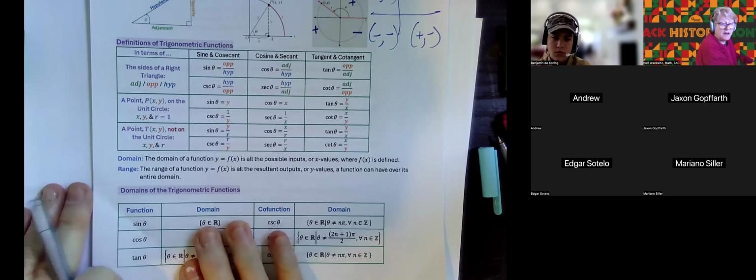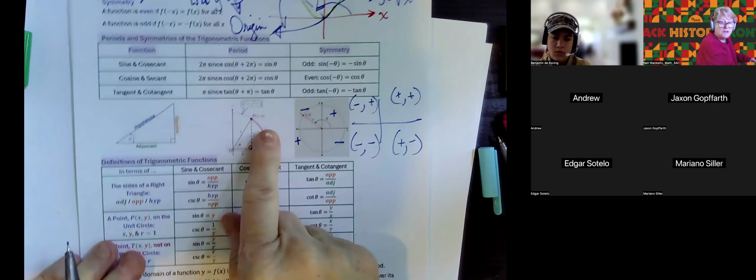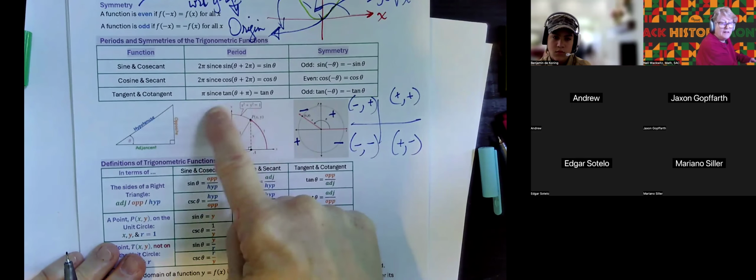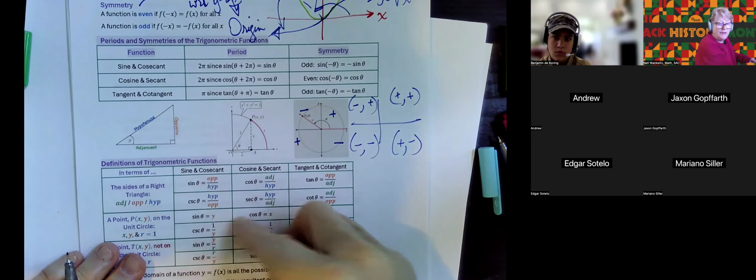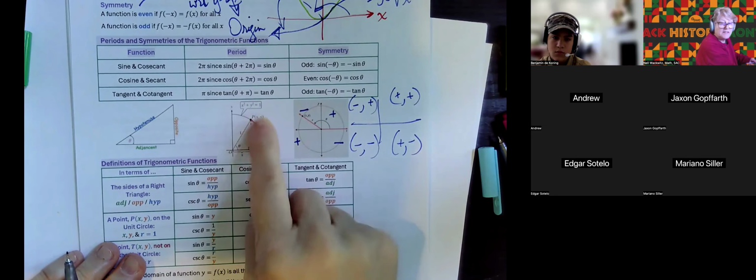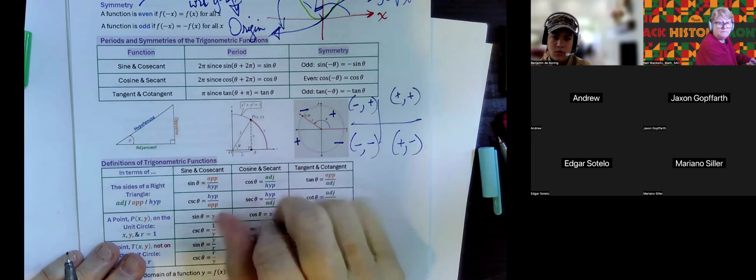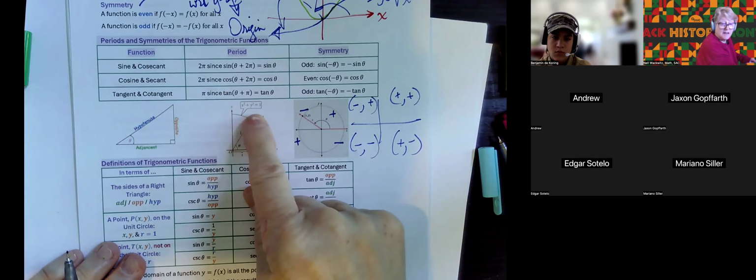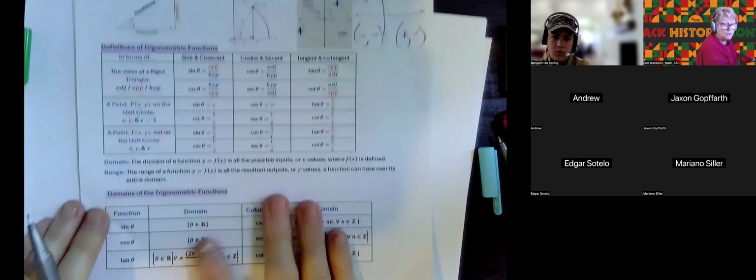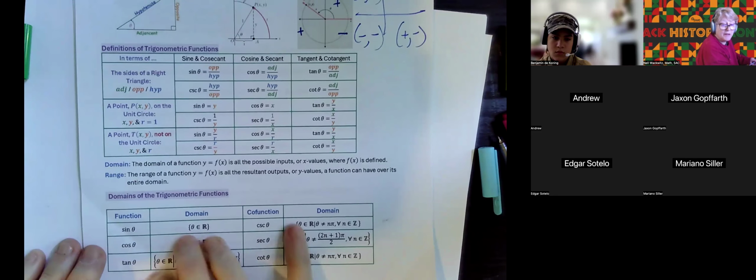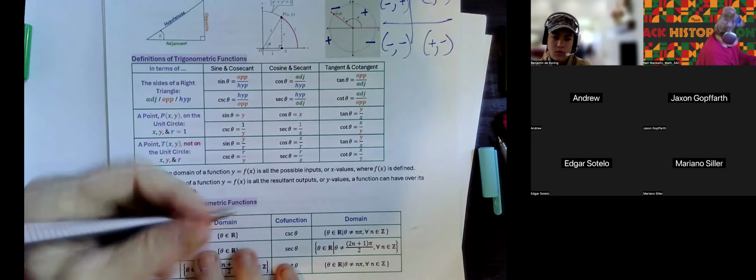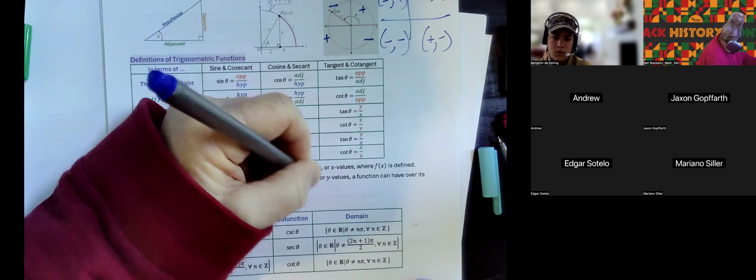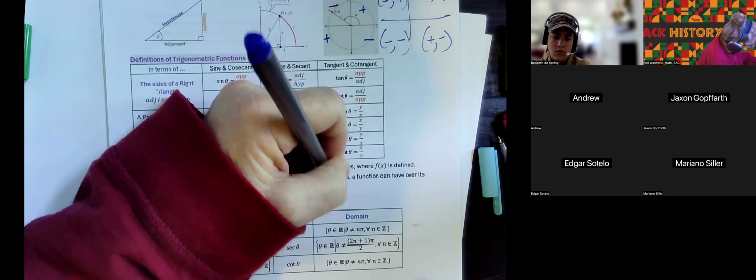Any angle is going to have, and you can think of this as a unit circle, any number on the unit circle has a y coordinate. Any number on the unit circle has an x coordinate. That always will happen. So that's why the domain of sine and cosine is all reals. Oh, the R with the double bar is reals.